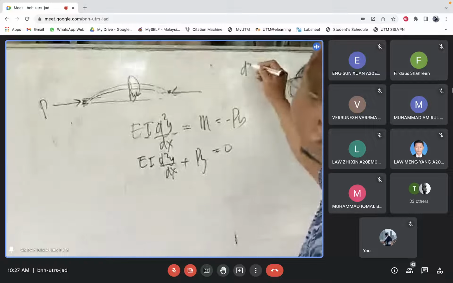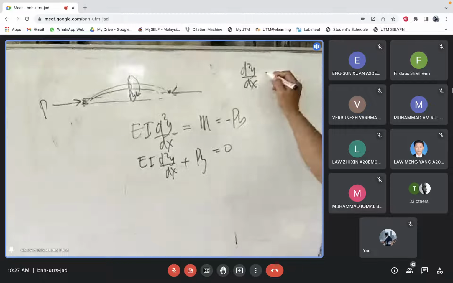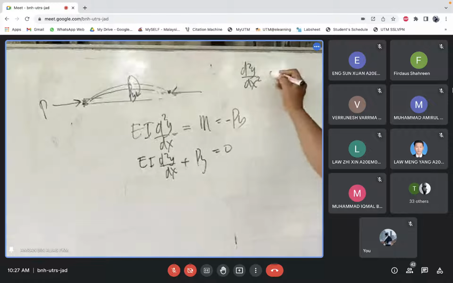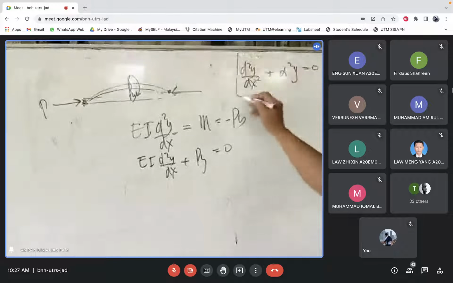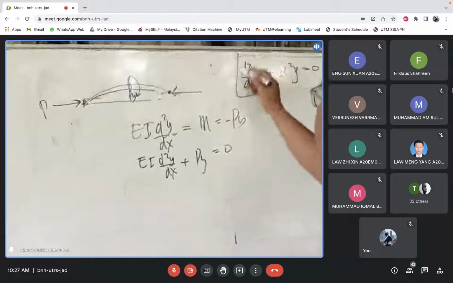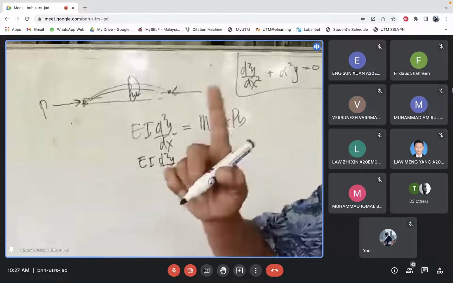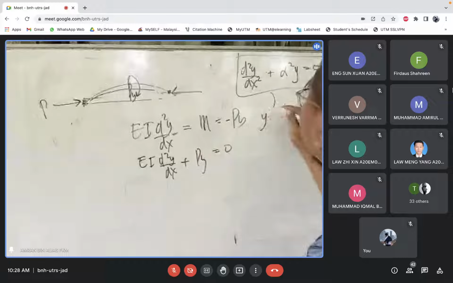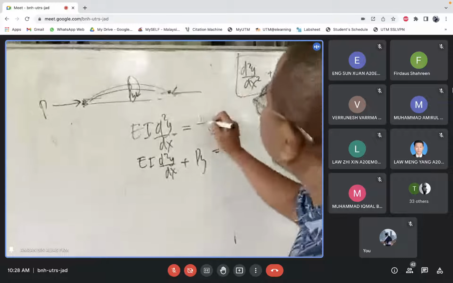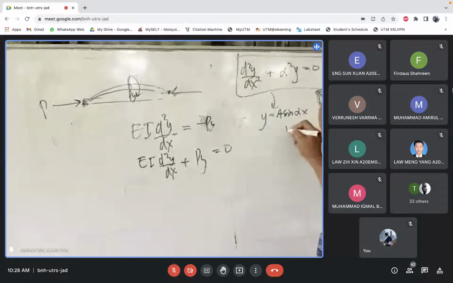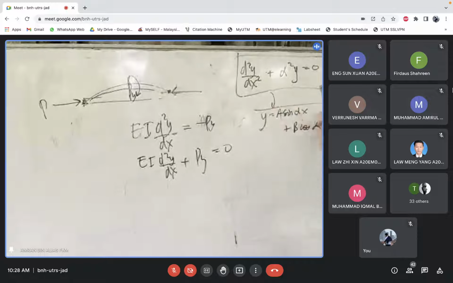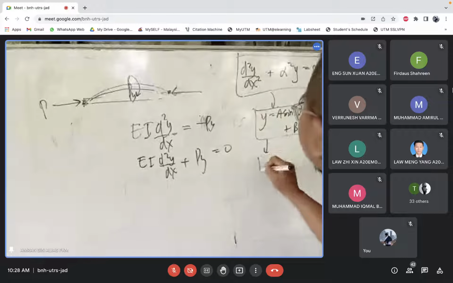If we have something like d squared y over dx squared plus alpha squared y is equal to 0, when we have something like that, the solution is y equals a sine alpha x plus b cosine alpha x. This is the proposed solution.